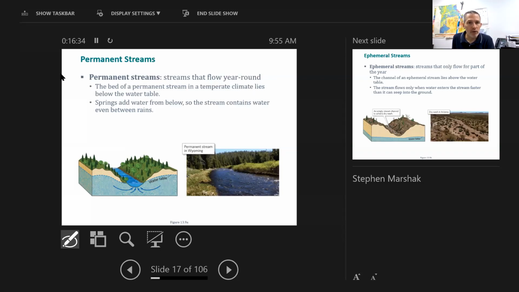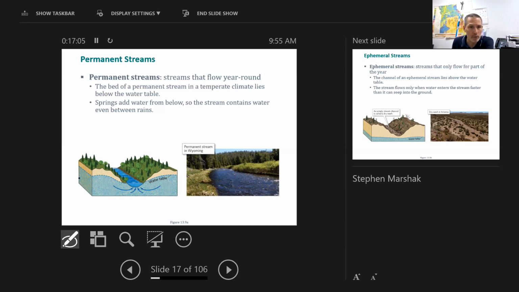When we start looking at water, rivers can be classified into either permanent streams or ephemeral streams. Permanent streams are when we have water flowing throughout the entire year. We can look at the Mississippi River: even though we had a drought in this area this fall, we still had a lot of water in the Mississippi River because this water is actually flowing from the groundwater into the river.